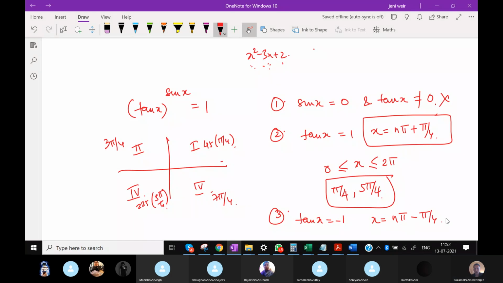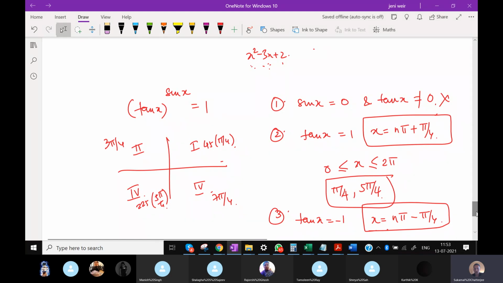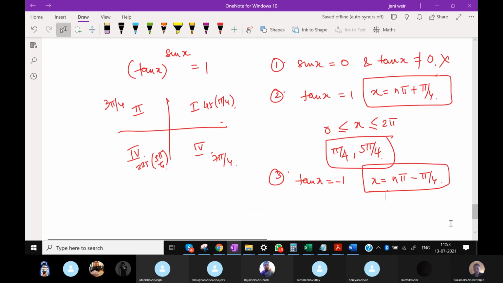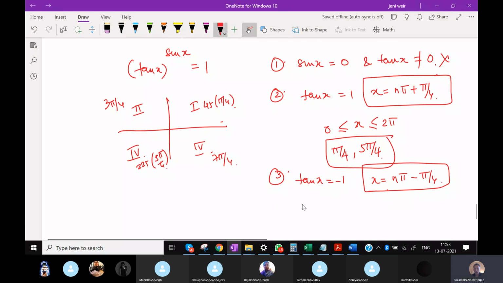This would be the set of solutions for this one. But in this case, the power has to be even. That means sin x has to be even.